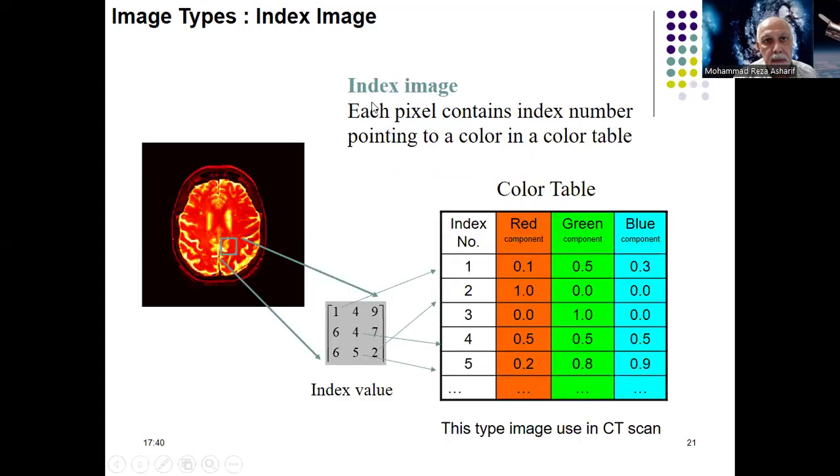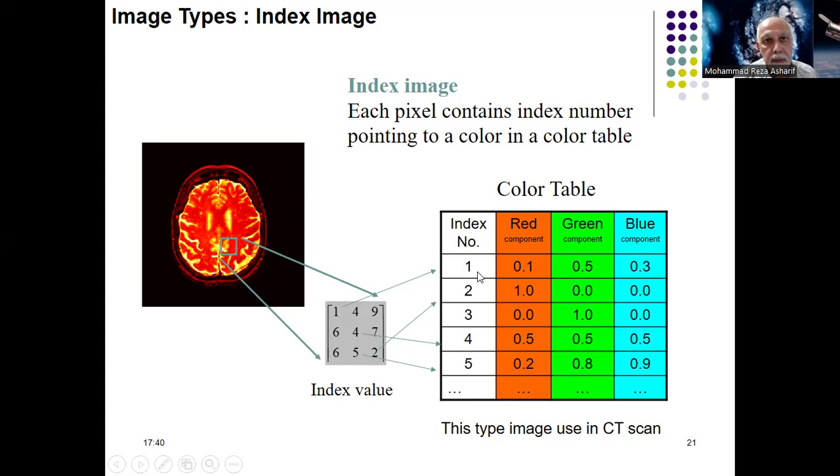Also, an index image represents the index pointed for a color image. We have red, green, blue, the level of the red, green, and we have the index. Each index represents, for instance, for this square, we have 166. This is the index value, so this is the address of the points. Each address represents the level of the green, blue, red, green.